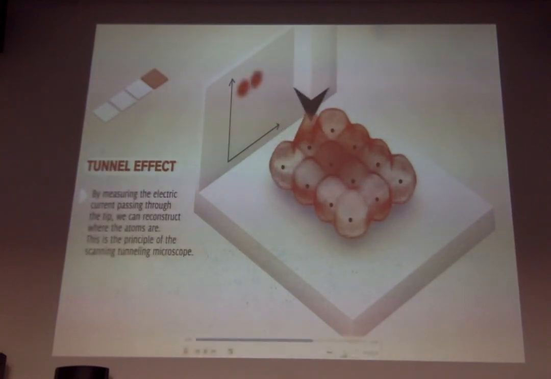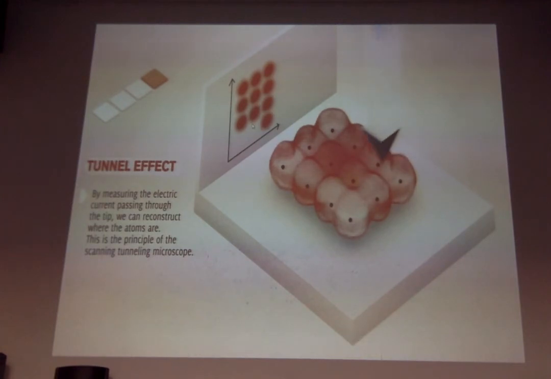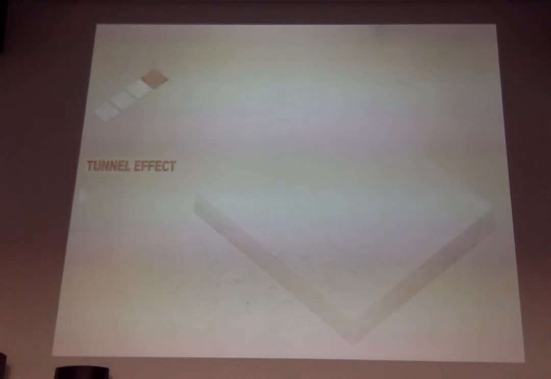So if you reconstruct the current intensities for every single atom, you can actually image every single atom. You can image a single atom and reconstruct the whole surface.